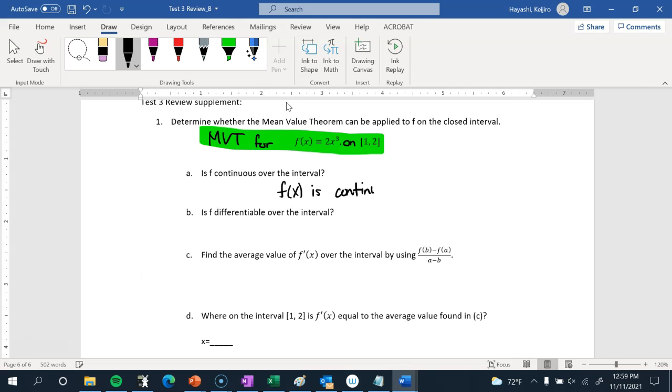So f of x is continuous. And not only is it continuous, it is smooth enough to be differentiable over the entire interval. Also everywhere else, but in particular, it is differentiable on the interval from 1 to 2.